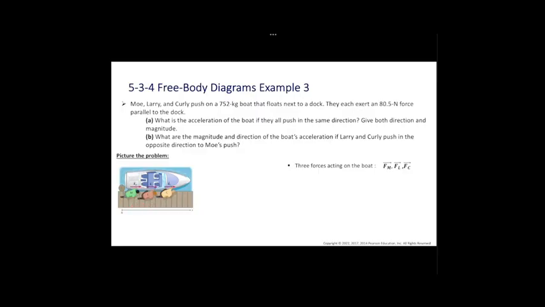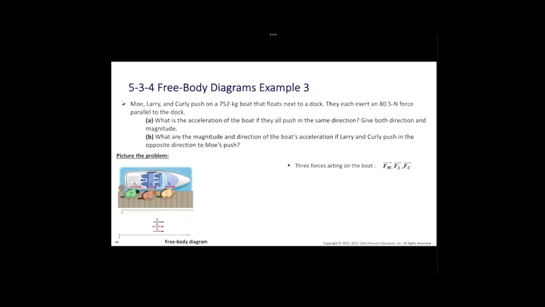Now let's draw the free body diagram for this case. For that, we consider the boat as a point object and draw these three forces in the x direction. Now we are asked to find the acceleration. For that, we can use Newton's second law in the x direction, since all the forces acting on the boat are in the positive x direction according to our sketch.